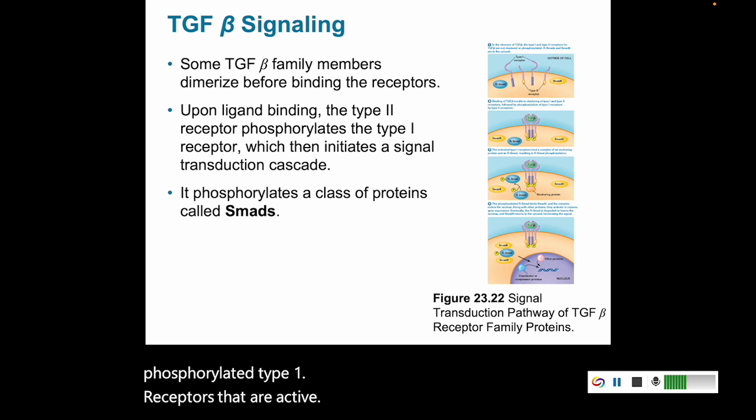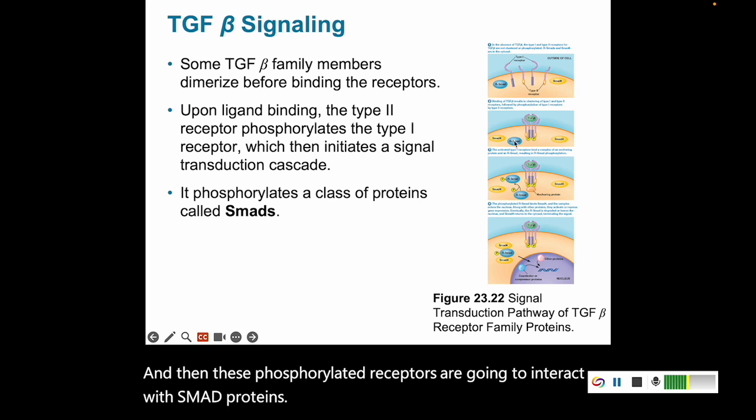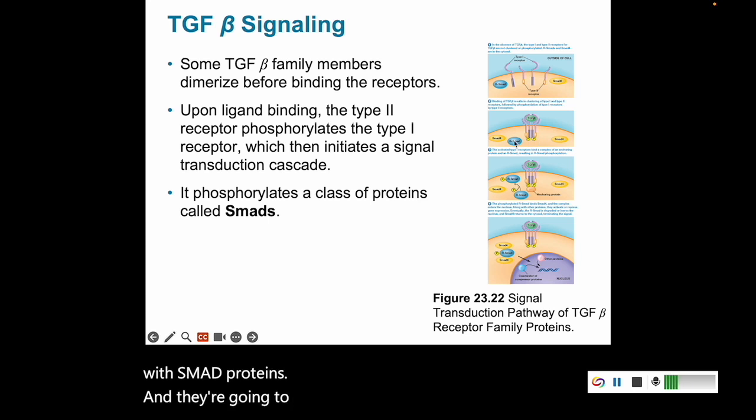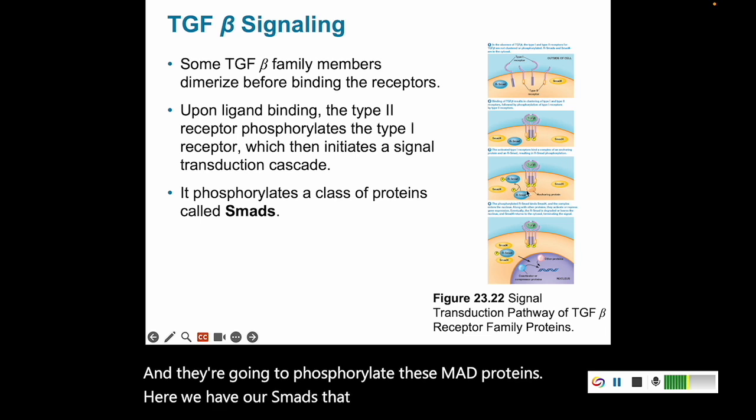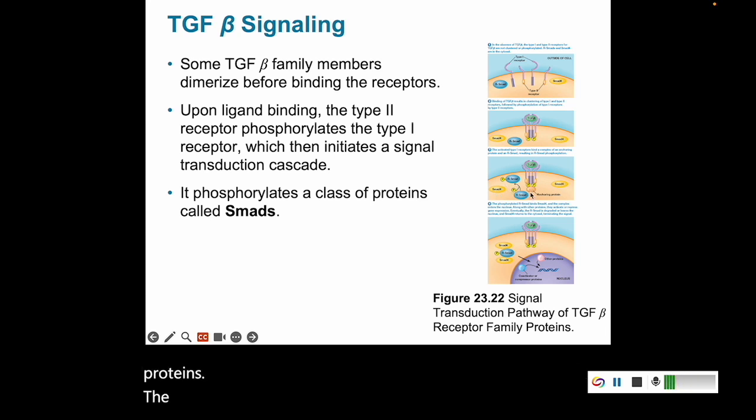And then these phosphorylated receptors are going to interact with SMAD proteins, and they're going to phosphorylate these SMAD proteins. Here we have our SMADs that are interacting with the TGF-beta, and they're also going to interact with SMAD4. So these SMAD proteins are getting phosphorylated from our TGF-beta receptor.